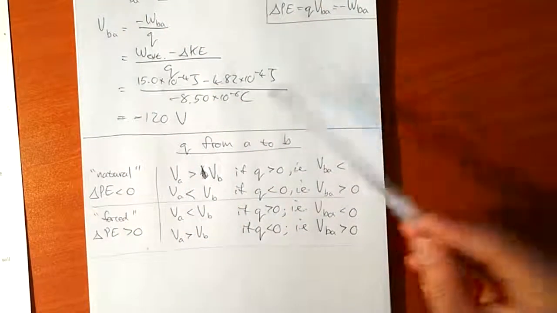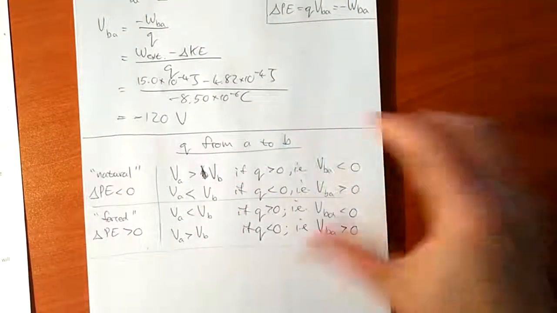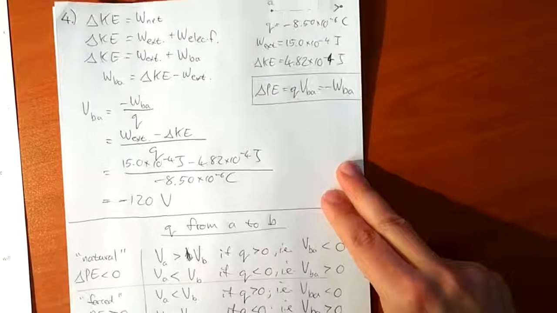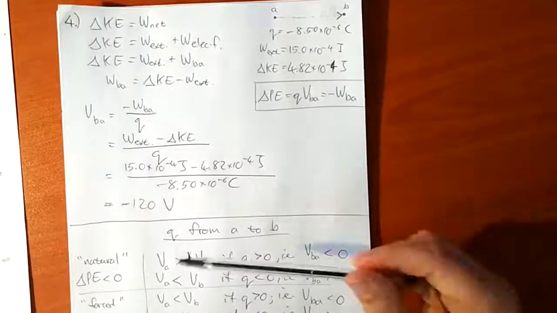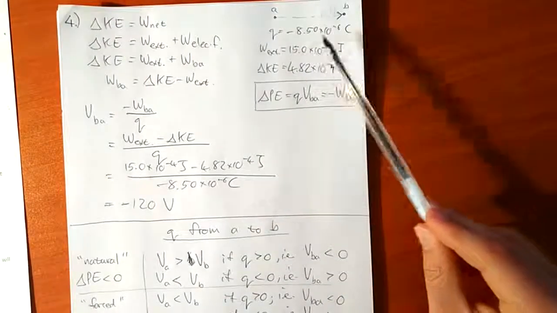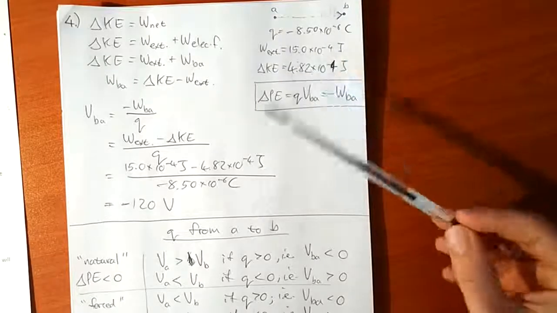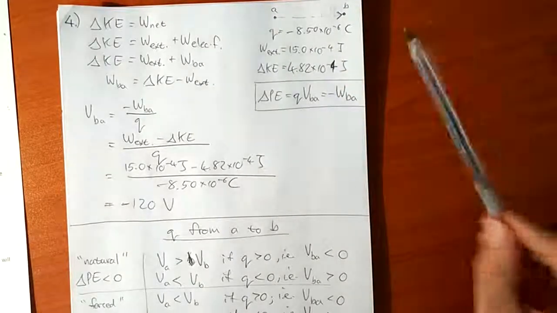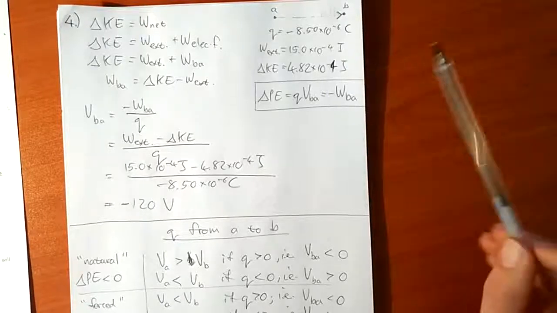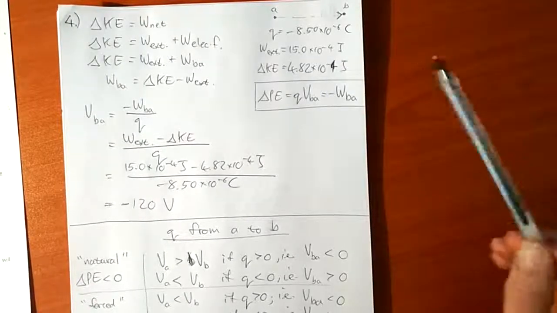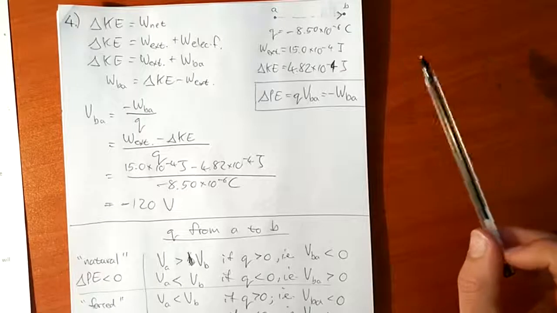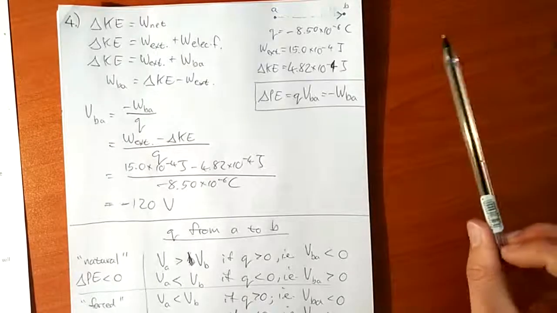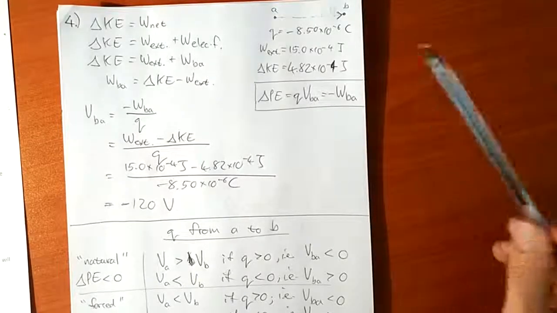So, a way to understand that this works out to be minus 120, minus a negative number, is to now try and think in terms of whether the charge is going in the natural direction, the direction it wants to go, or whether it's been forced to go against the direction in which it feels an electric force.